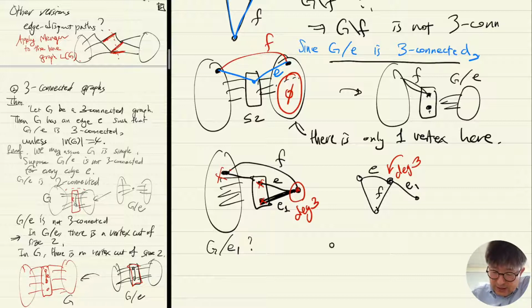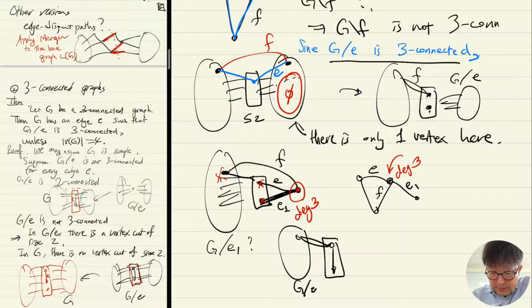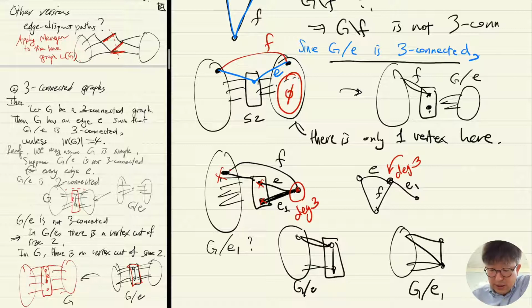Right, so let me draw again. So here are 2 vertices. In G contract E, it looks like this. And what about G contract E1? E becomes an edge here, and this is an edge, right? But the connectedness has nothing to do with the simpleness.